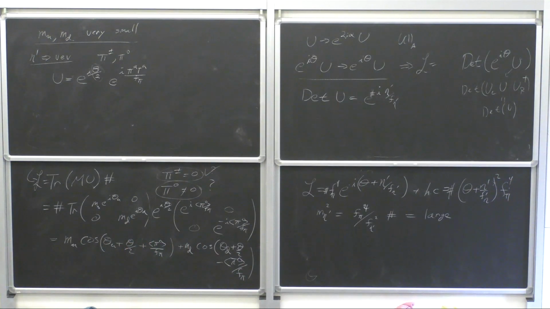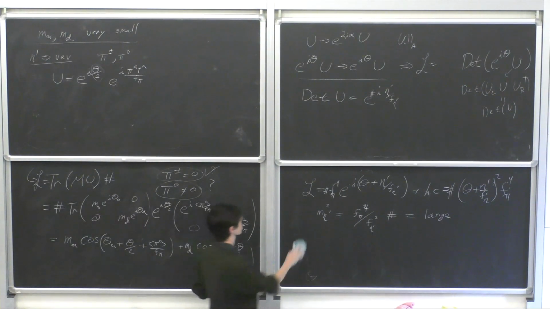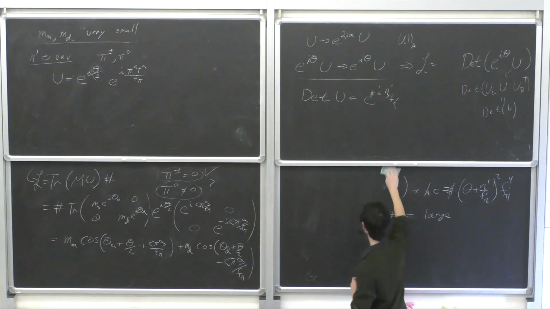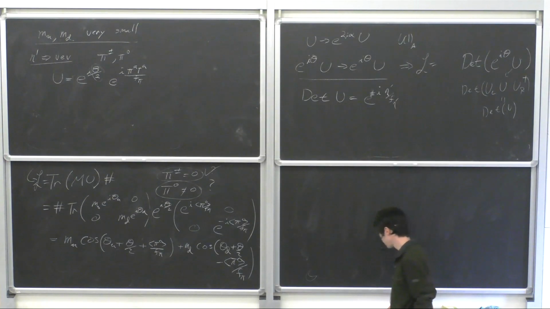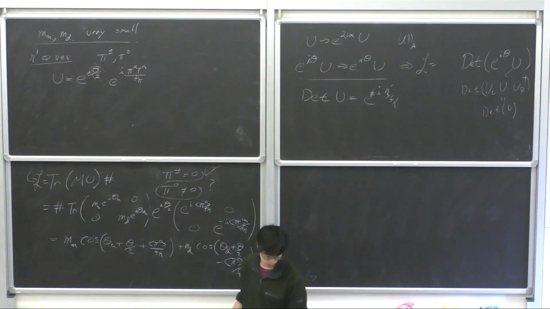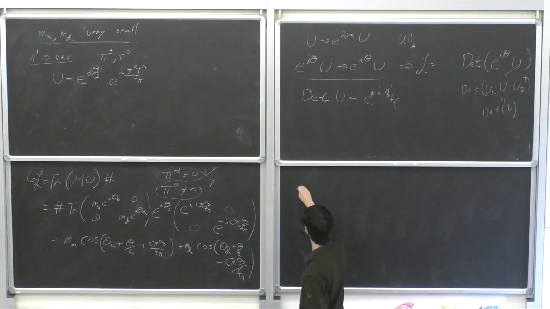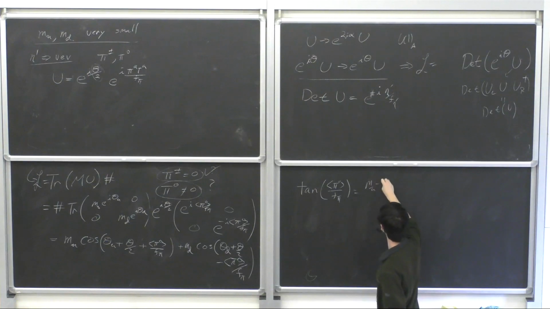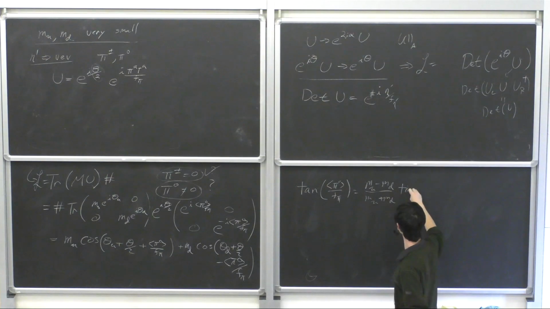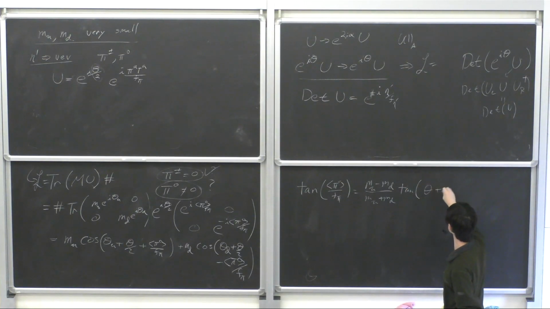Okay, take a derivative, set it equal to 0. We know what's the VEV of pi 0. It's a bit of a mess. We find tangent of the VEV of pi 0 over f pi equals mu minus md over mu plus md, tangent of theta plus theta u plus theta d.